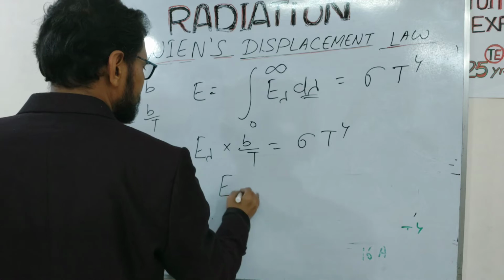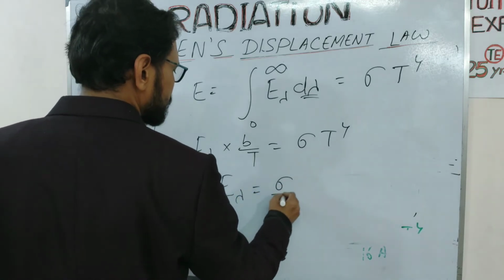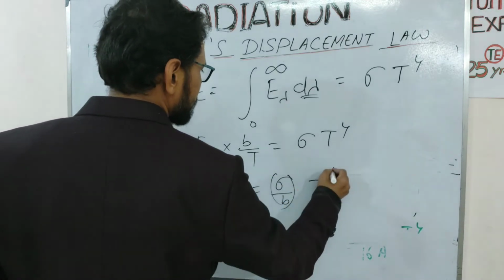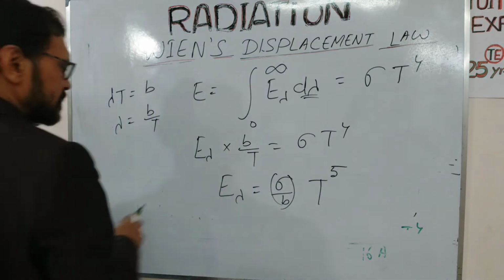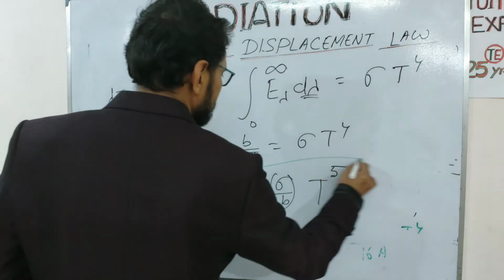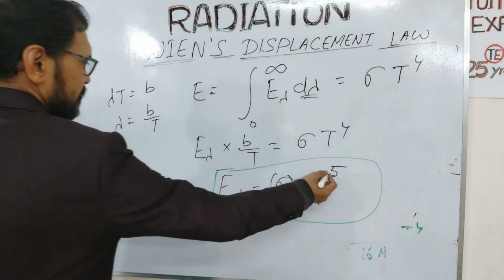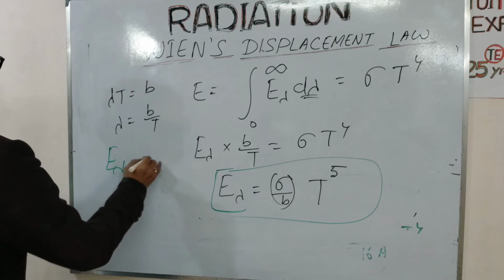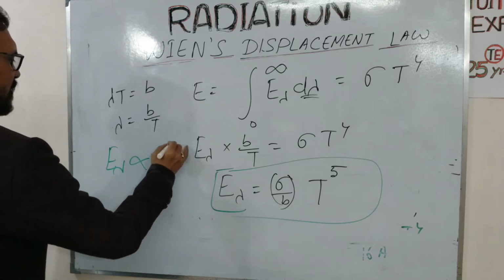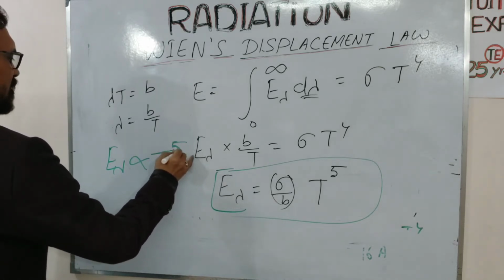So E lambda equals sigma by b whole, times T to the power 5. So one result comes here: the spectral emissive power is proportional to the fifth power of temperature. E lambda is proportional to T to the power 5.